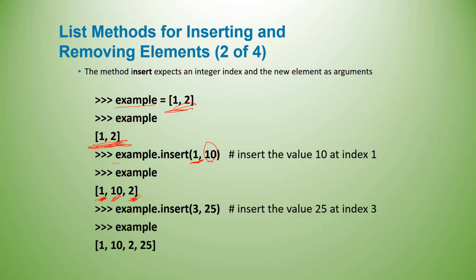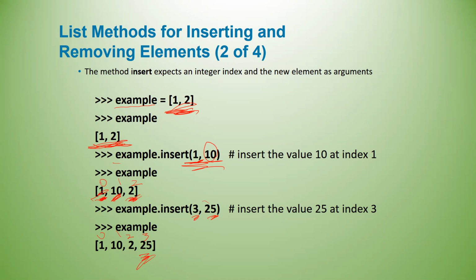So originally it's like this. Now it's 1, 10, 2. That's what that means. Okay, insert. And insert 3, 25. So this is 0, 1, 2, so now 0, 1, 2, 3, and 25. Okay, that's what this insert function does.